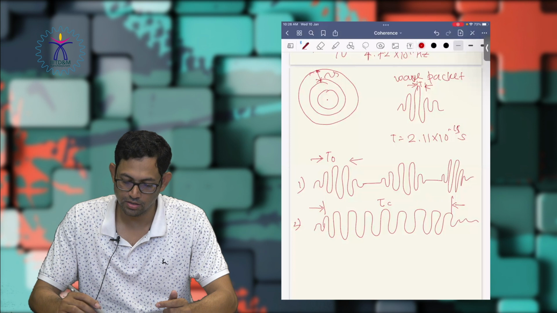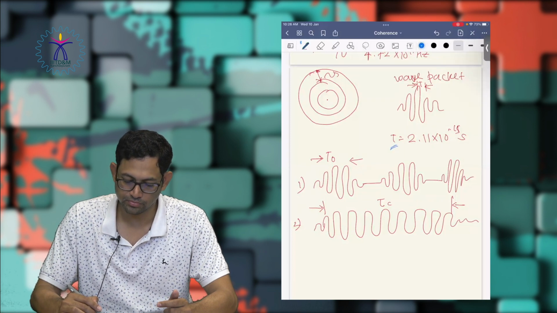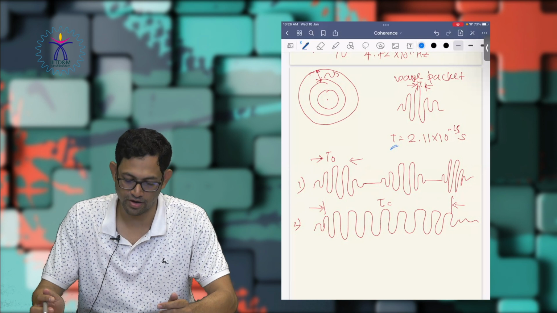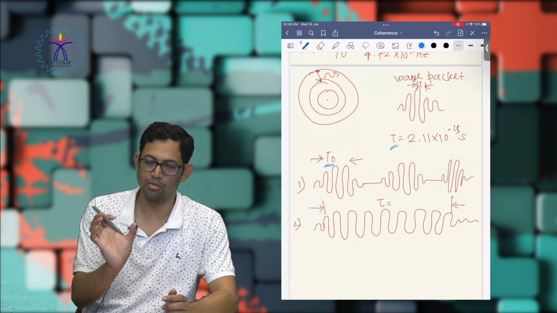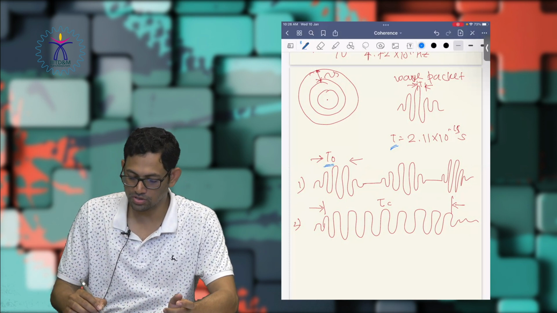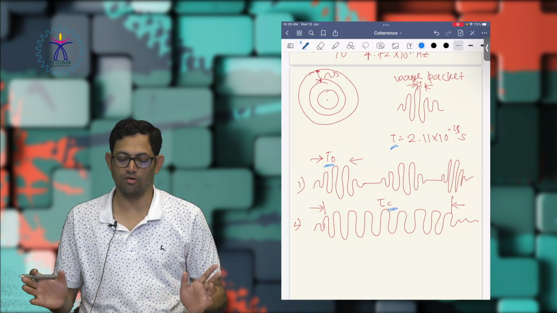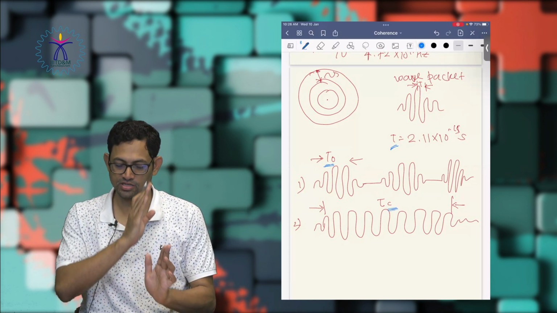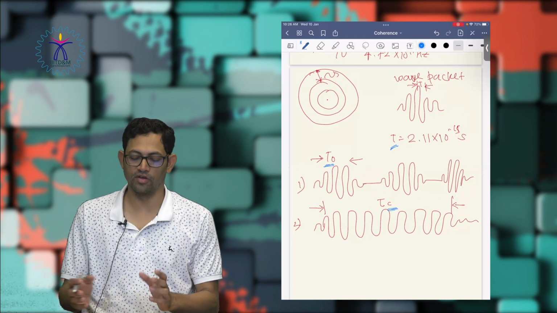First is the t, as you can see over here. This t naught is the complete time duration of the wave packet, while tau c is the time duration of the complete superposition of the multiple wave packets, where it sustains a particular pattern, or a particular wavelength in this case.